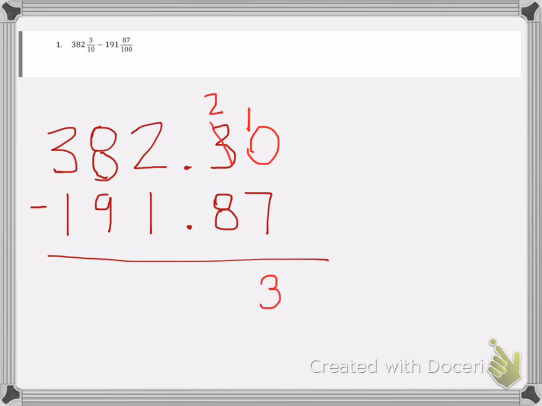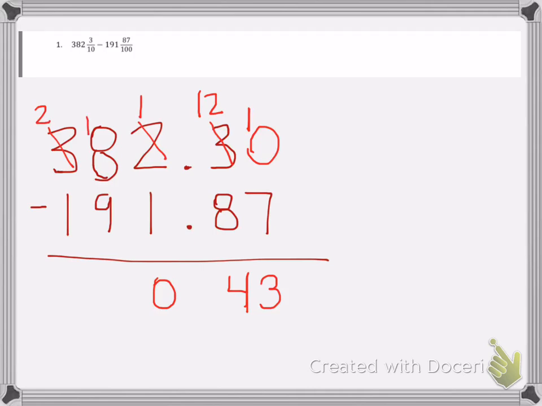And then I can't take 8 away from 2, so I have to borrow again. I'm borrowing a 1 this time and changing it into tenths, so I know that there are 10 tenths in 1, which gives me 12 altogether. And 12 minus 8 is 4. Then 1 minus 1 is 0. 8 minus 9 I can't do, so I need to borrow again.